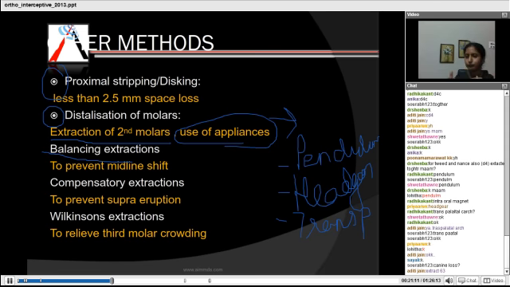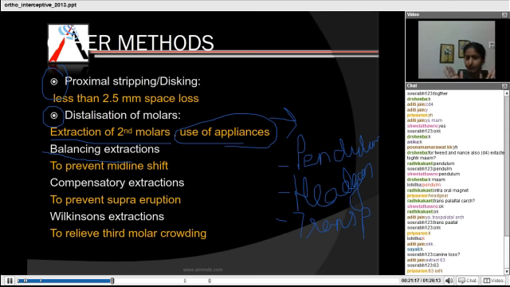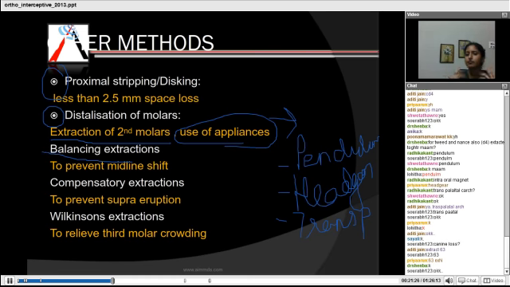What will you do? Yes, you will only extract 6-3. You will do just the first part of serial extraction and wait. That is to prevent midline shift, because if one tooth is lost and the same tooth on the other side of the arch is not lost for 3 months, 6 months, 10 months, it is better to extract it and prevent midline shift. Okay? That is balancing extraction.